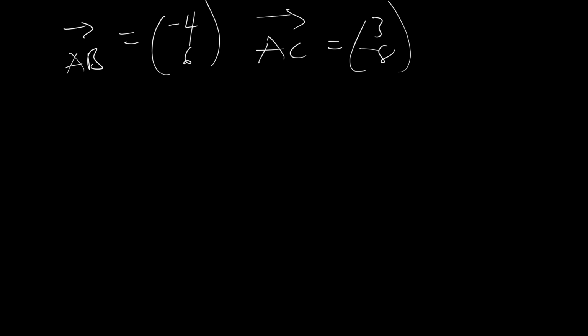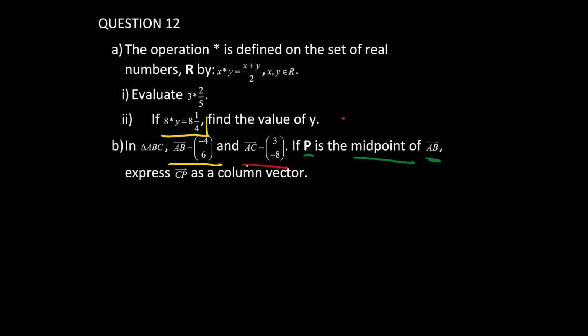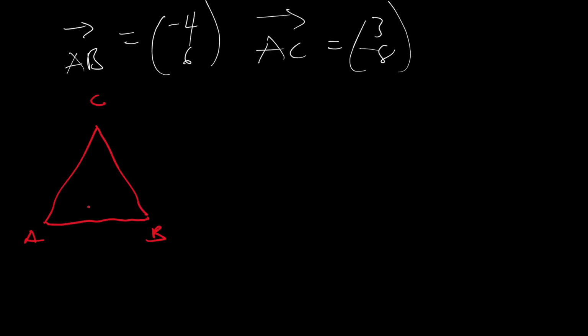Now let's draw the triangle. So we have this A, B, C. And we are told that P is the midpoint of AB. So this will be P, which is the midpoint of AB.